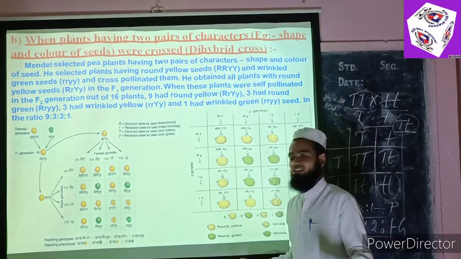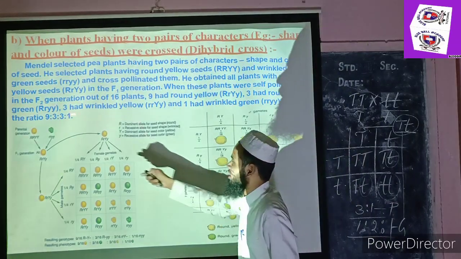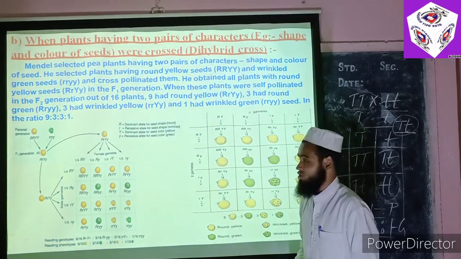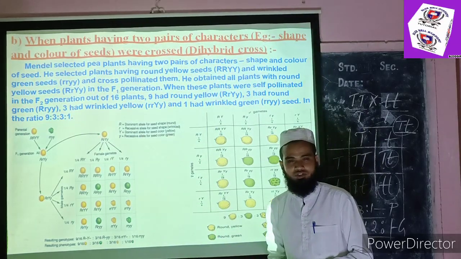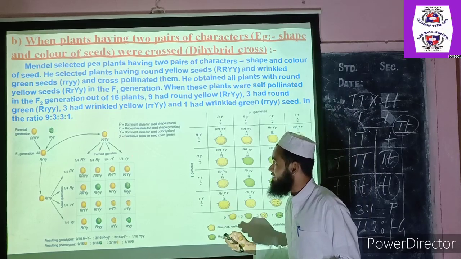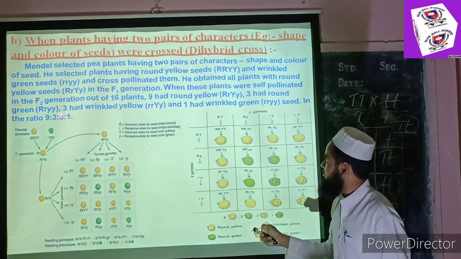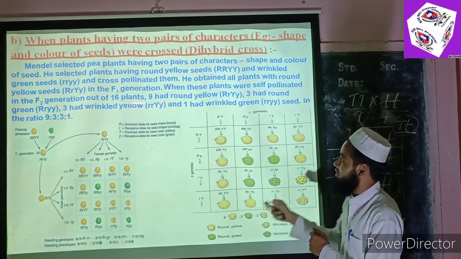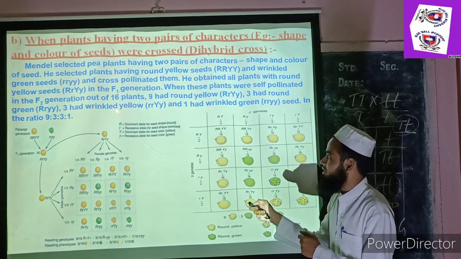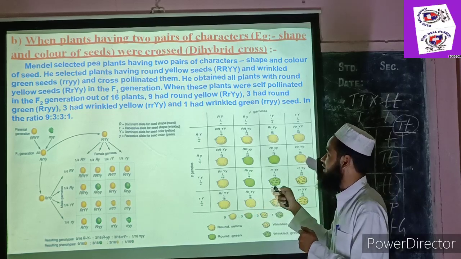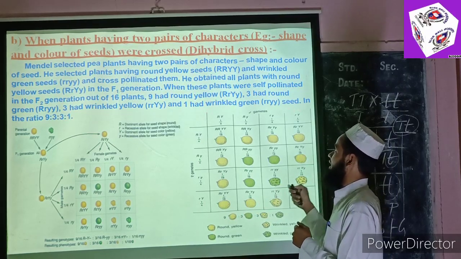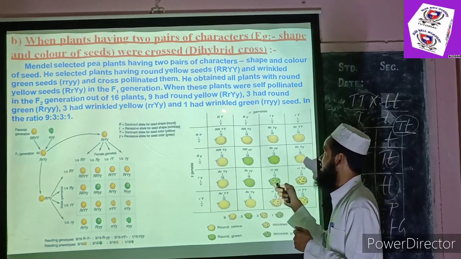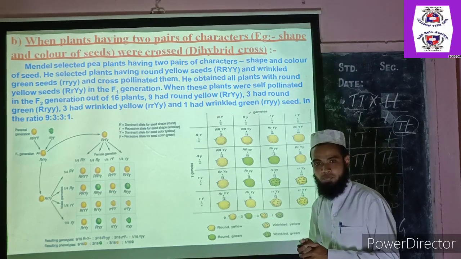He got completely different types of plants with the ratio of 9:3:3:1. That is 9 round yellow, 3 round green, 3 wrinkled yellow, and only one is quite different, that is the wrinkled green.